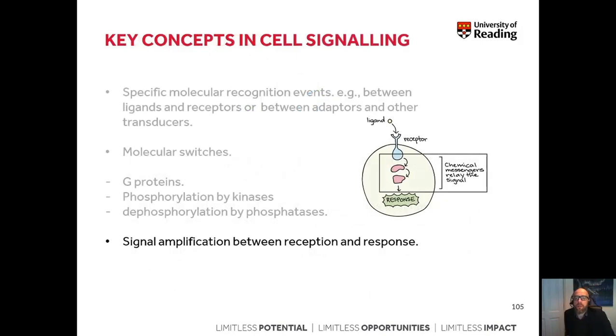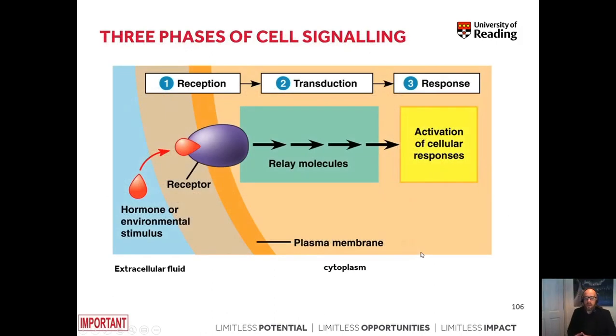Another key concept within cell signaling and signal transduction cascades is that between binding of the ligand and the biological response, there is usually signal amplification between reception and response. So, what are the key steps of signal transduction cascades?